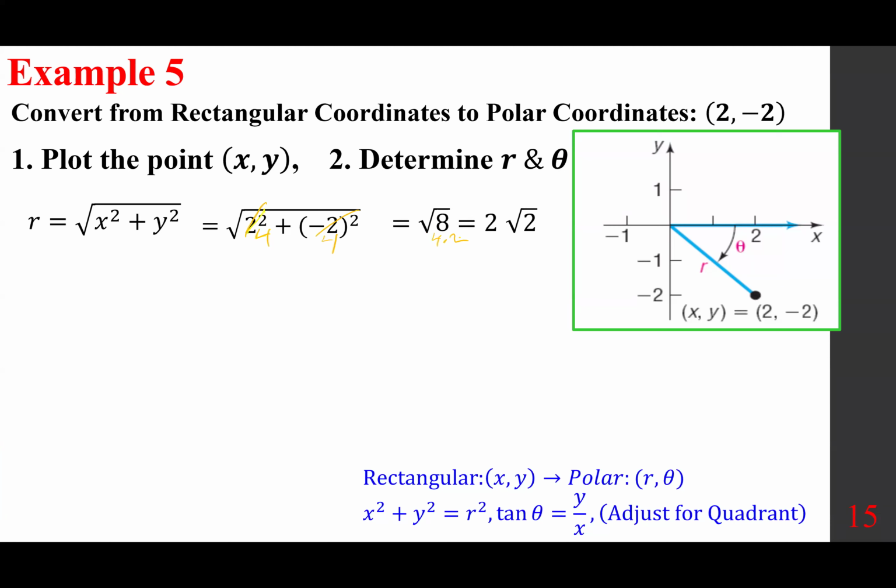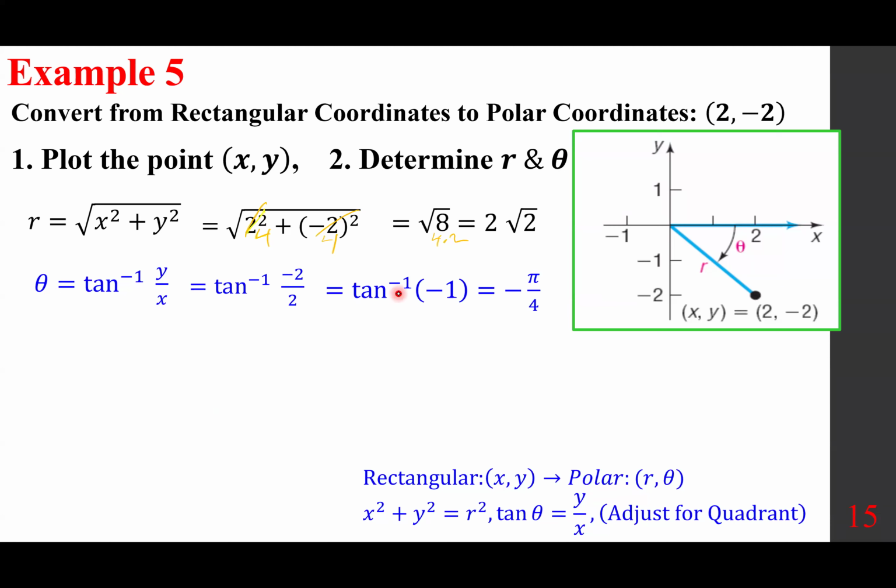As far as the angle is concerned, if tan of theta is y over x, theta must be tan inverse of y over x. Therefore, theta is tan inverse of negative 2 over 2, so tan inverse of negative 1. And as you know, tan inverse of negative 1 is negative pi over 4.